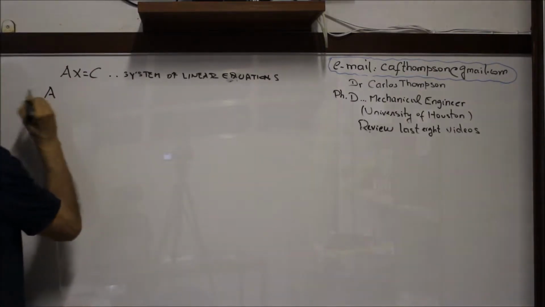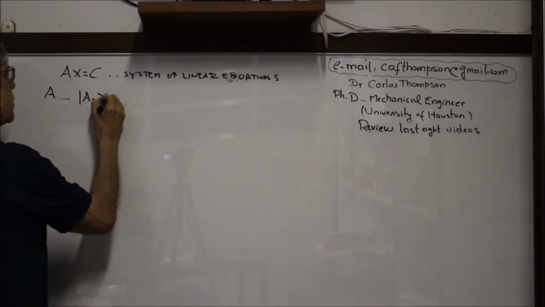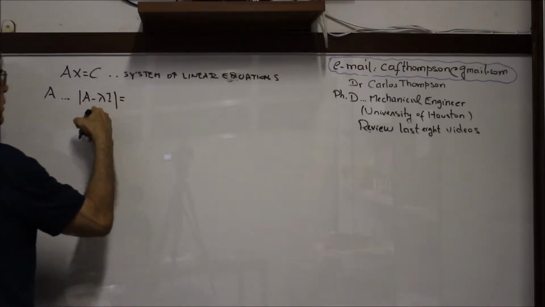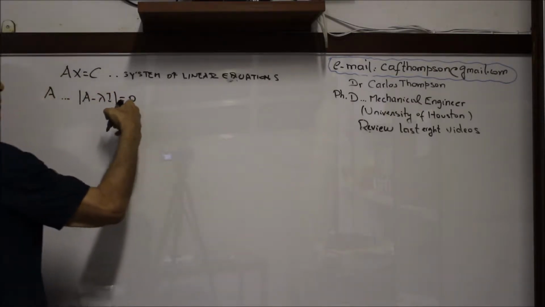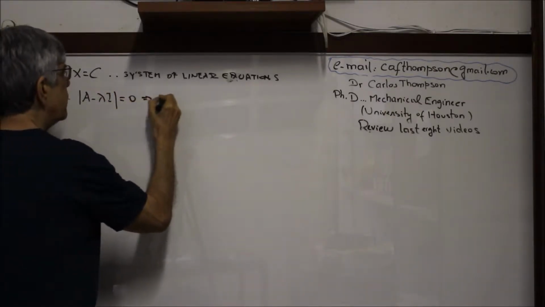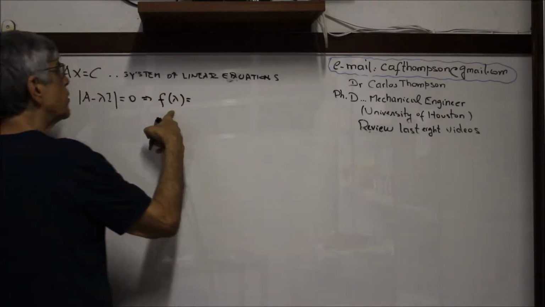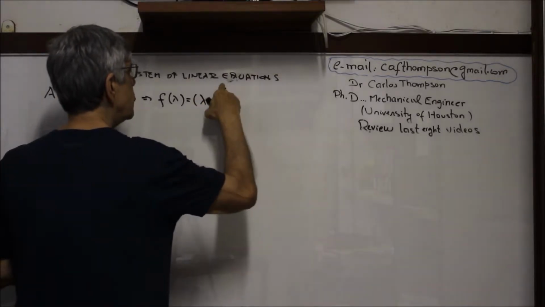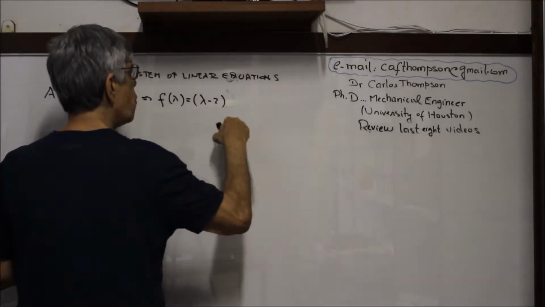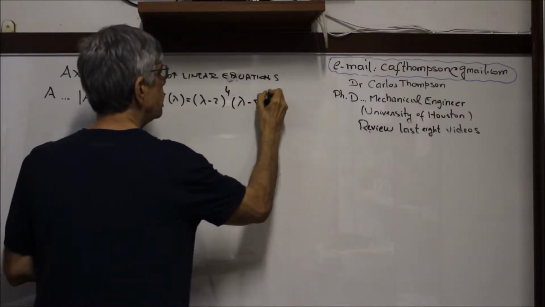Now from A, we calculate the determinant of A minus lambda I, and we impose it to be 0. Then we get the characteristic polynomial. Let's suppose lambda minus 2 to the power 4, times lambda minus 5 to the power 2.